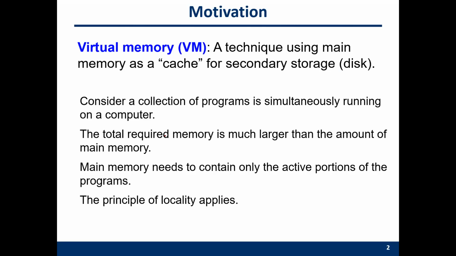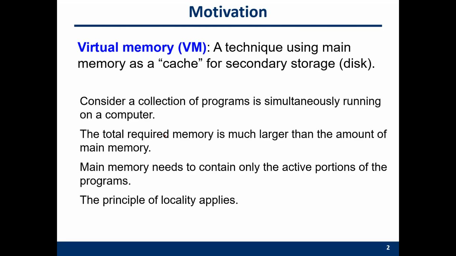The physical main memory needs to contain only the active portion of the program. For the inactive applications, their memory can be switched to the disk, because you don't use them when you run something else.